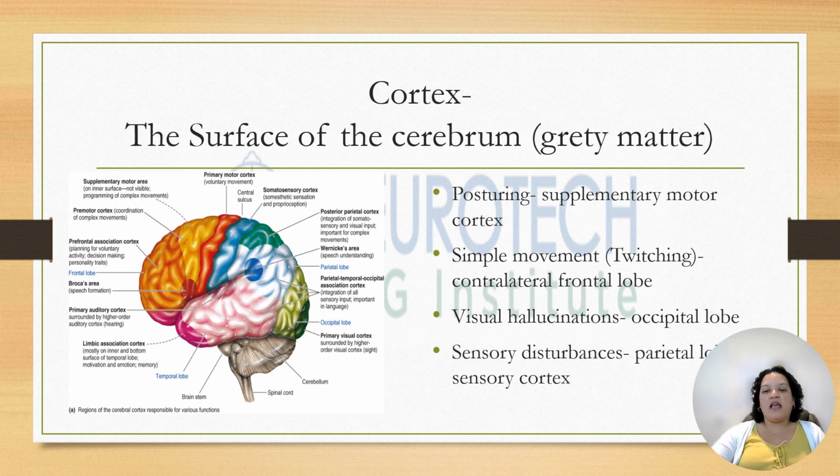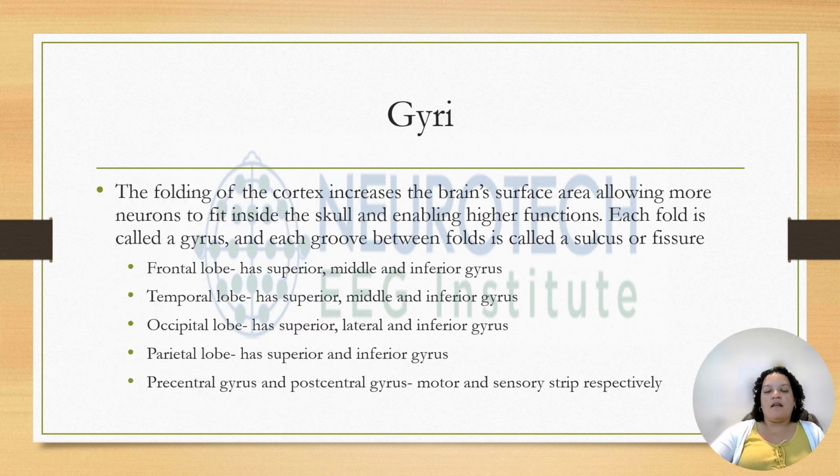If they say visual hallucination, automatically you're going to think about the occipital lobe. And if they say something about sensory disturbances, like numbness or tingling, you're going to think about the parietal lobe and where the sensory cortex is.